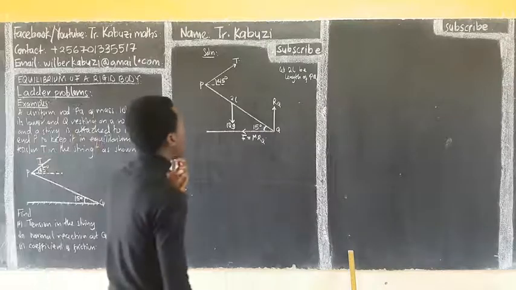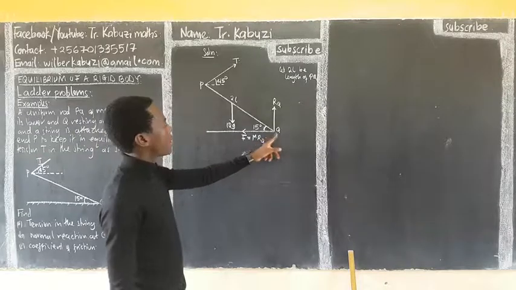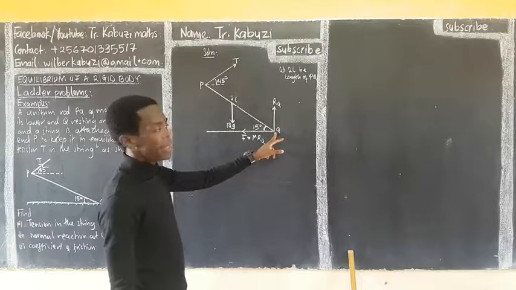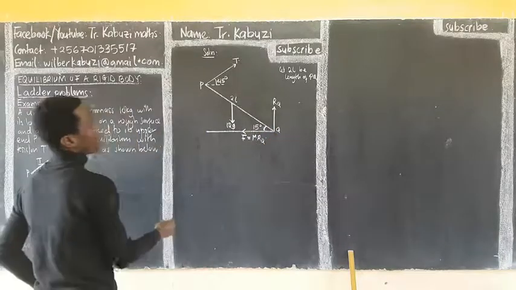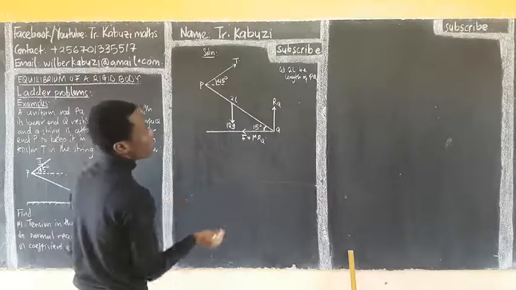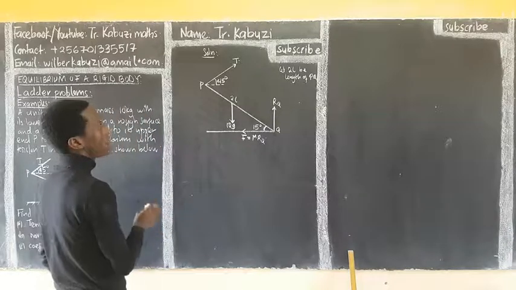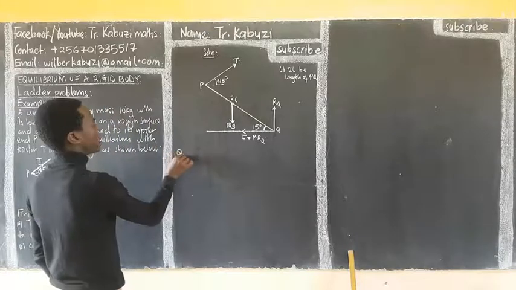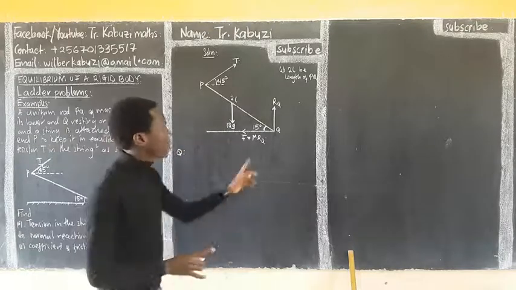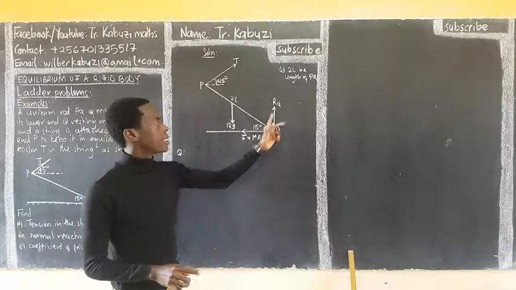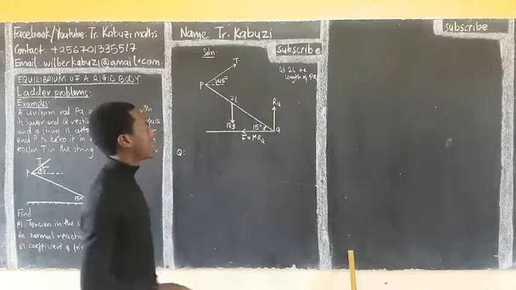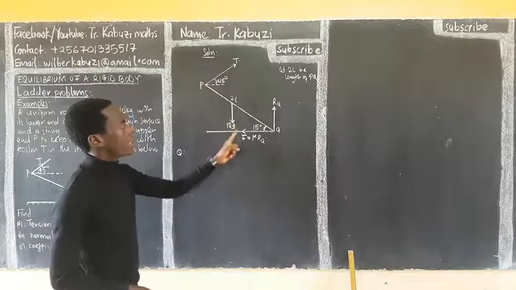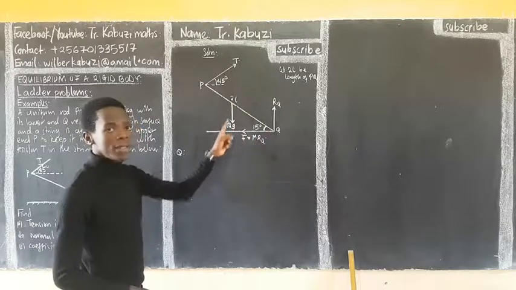Now you see I have two forces here, this and this, so it's better I take moments here. If I take moments at Q, you can take them clockwise or anti-clockwise, it's up to you. Why am I taking moments at Q? Because it has many forces, this and this, and I can also determine the perpendicular distance of this weight.